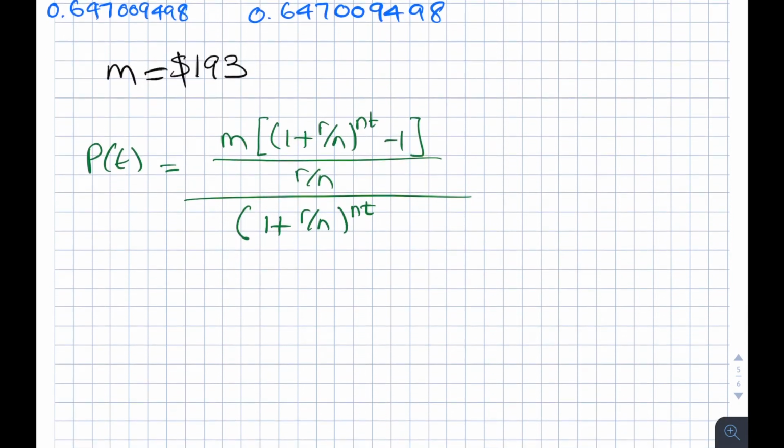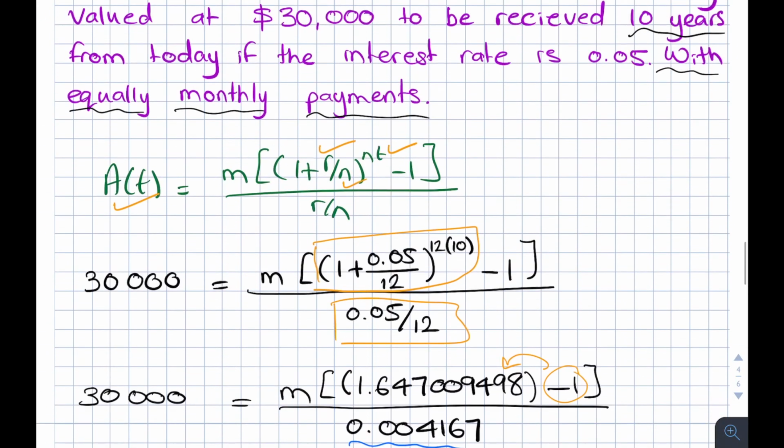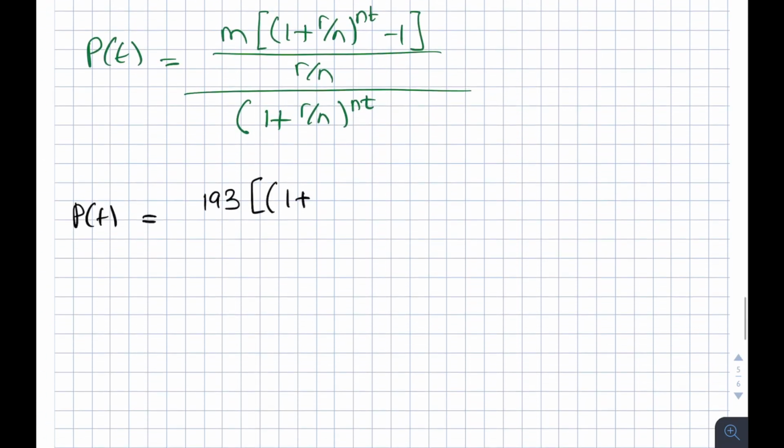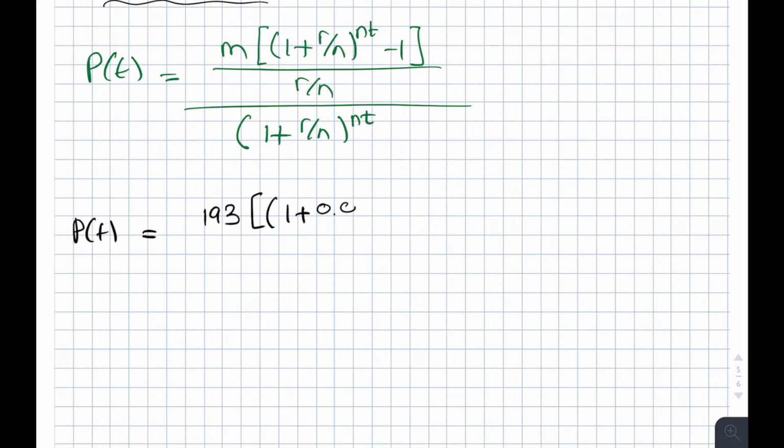Now if I plug in the values that I know, P of t will equal my m, which we just figured out, 193, times 1 plus our rate, which was given over here, 0.05 divided by 12, raised to the 12 times 10 years, minus 1.